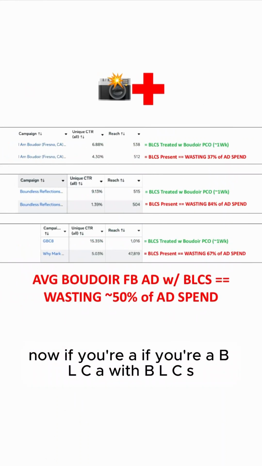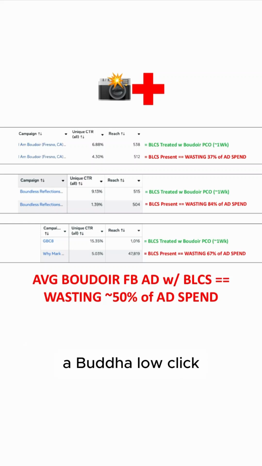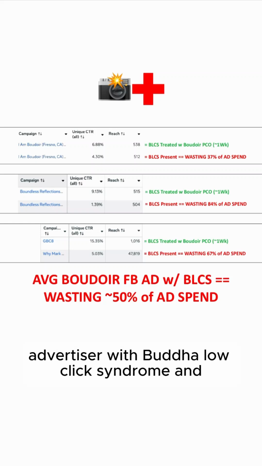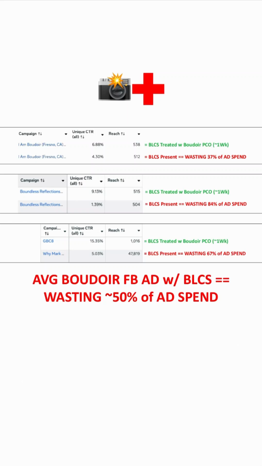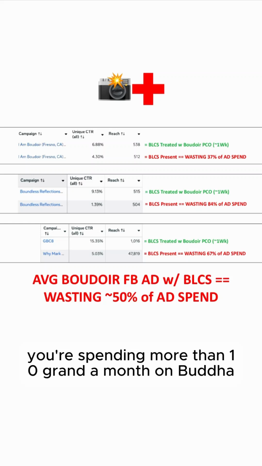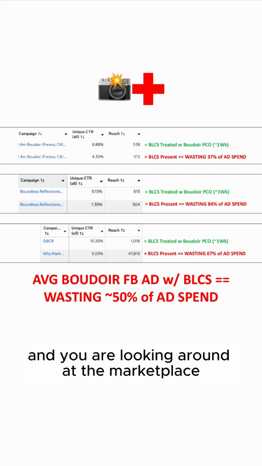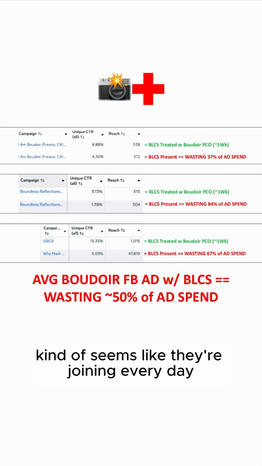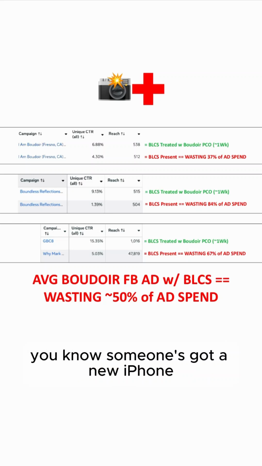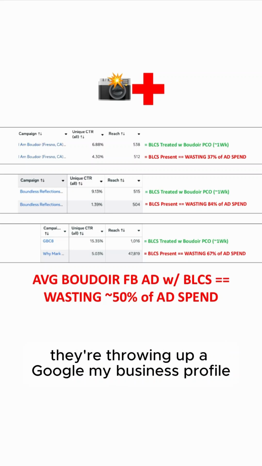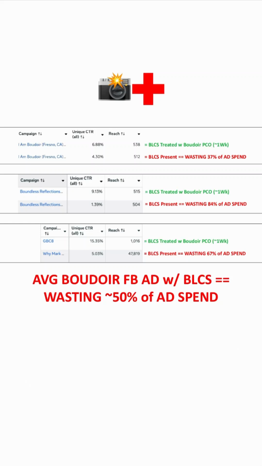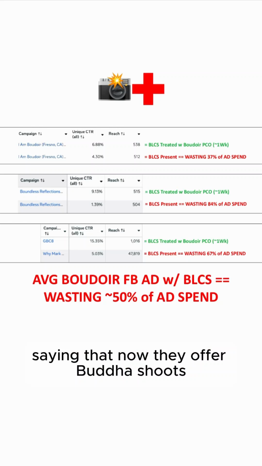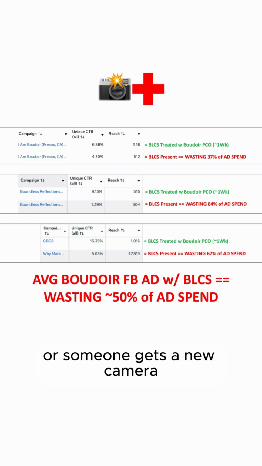Now, if you're a BLCA with BLCS, a Boudoir low click advertiser with Boudoir low click syndrome, and you're spending more than 10 grand a month on Boudoir Facebook ads, and you are looking around at the marketplace, you're seeing more and more Boudoir photographers, and it seems like they're joining every day. Someone's got a new iPhone, they're throwing up a Google My Business profile, saying that now they offer boudoir shoots, or someone gets a new camera, now they're posting in the mom groups that they offer boudoir photo shoots.